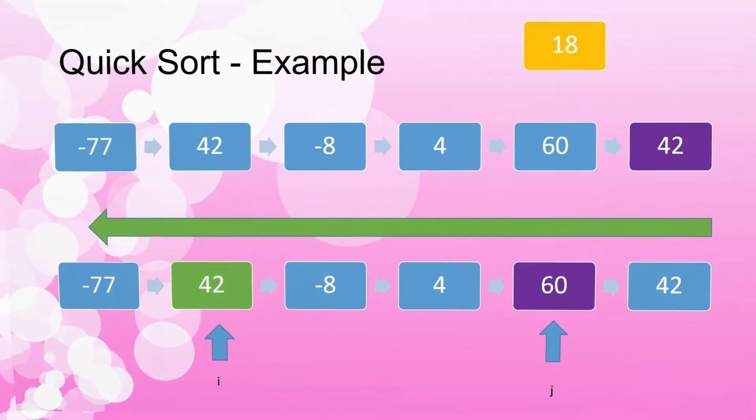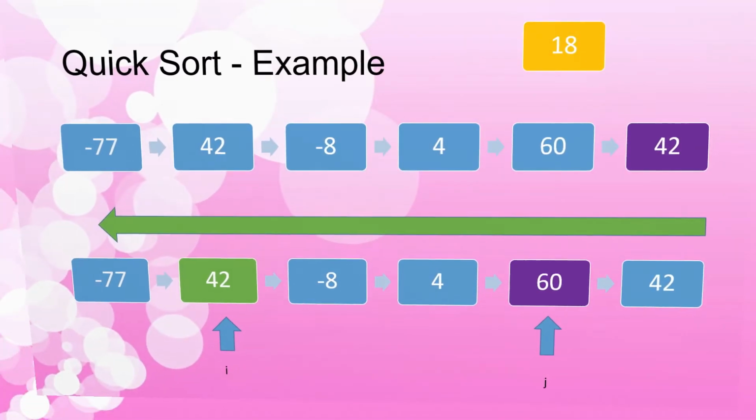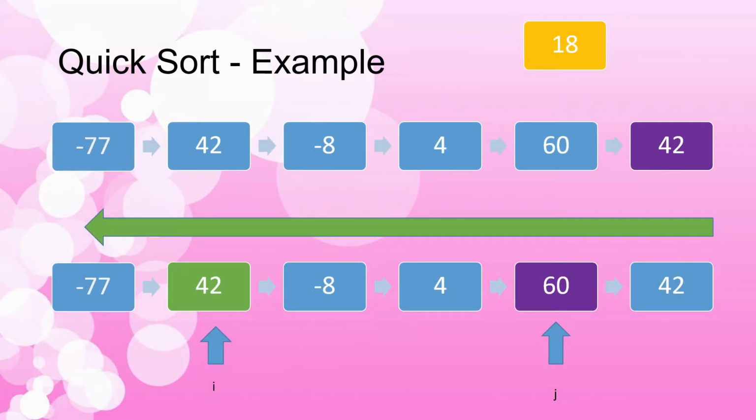We have the 42 now. Exactly. And as we can see, the 42 is greater than the 18, so we assign it to the position j, which is the last position as we saw before. And now we have two times the 42.